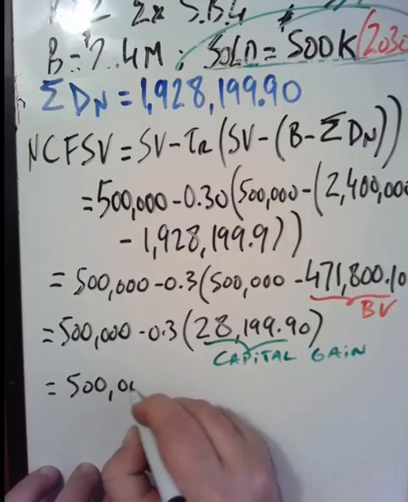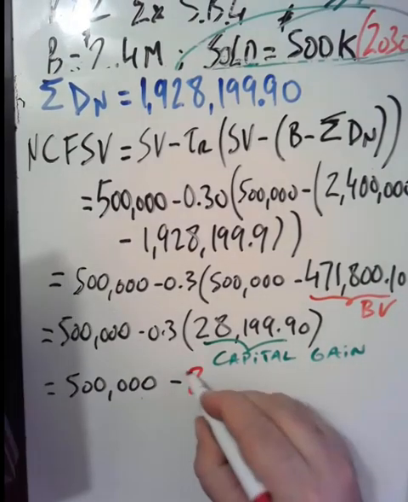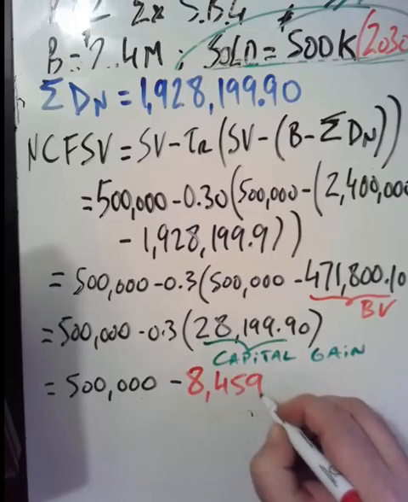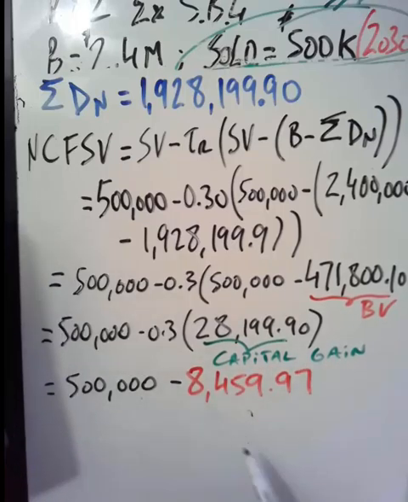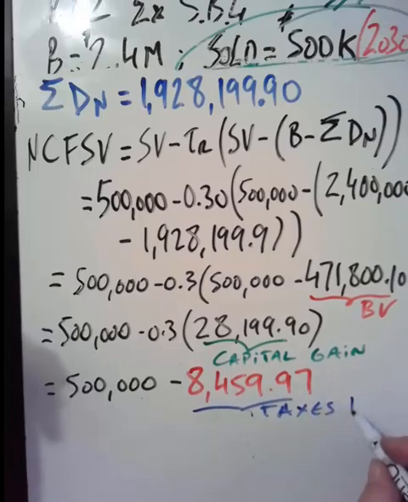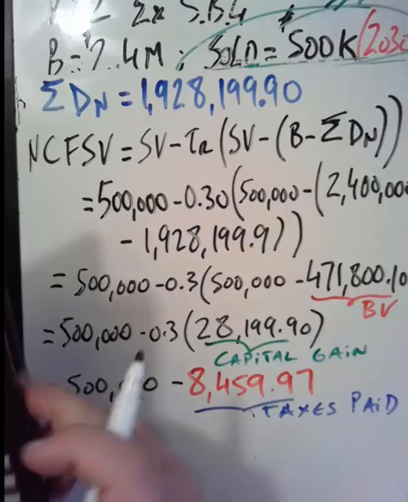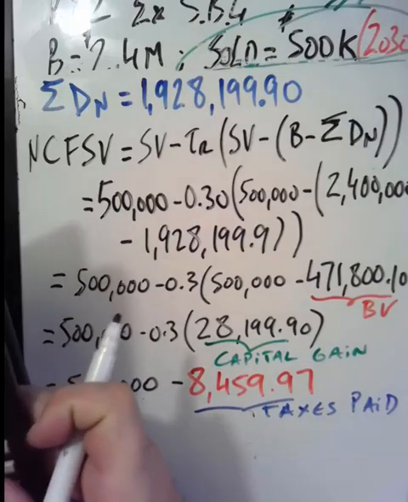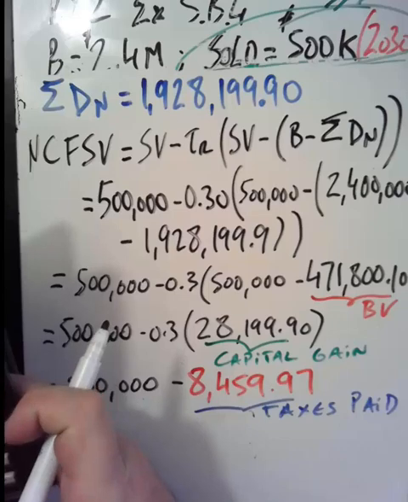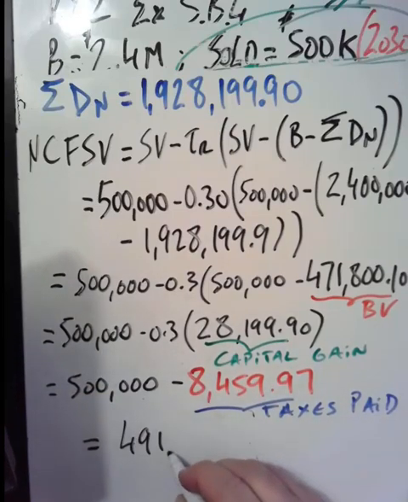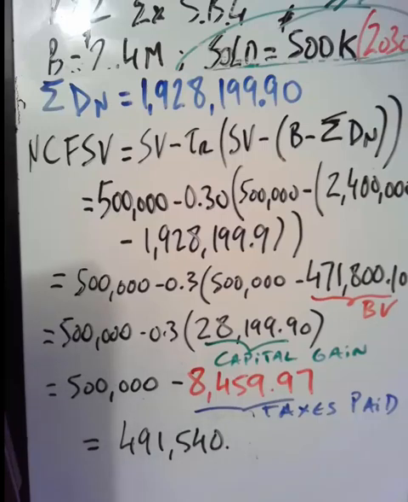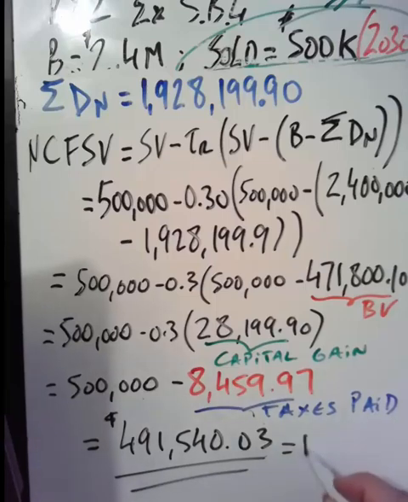So how much are we paying in taxes? $8,459.97. So in our pocket, we end up with $500,000 minus the taxes we owe. So $491,000 plus $440.03. This is the net cash flow from salvage value.